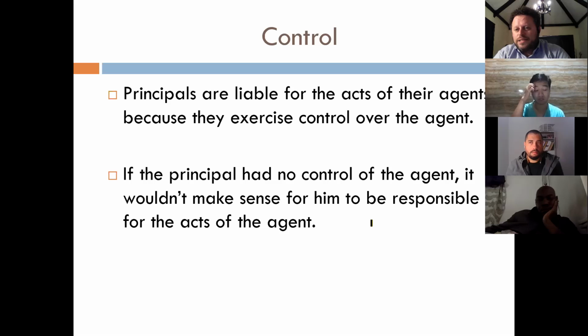So in that sense, he could be an agent. But if I have no control, then how am I responsible for you? That's like saying I'm responsible for Jody's life right now. Of course I'm not responsible for Jody's life right now. I don't know what Jody does every day. So you need some kind of control.